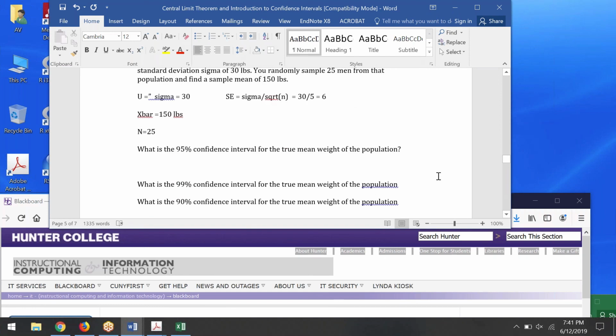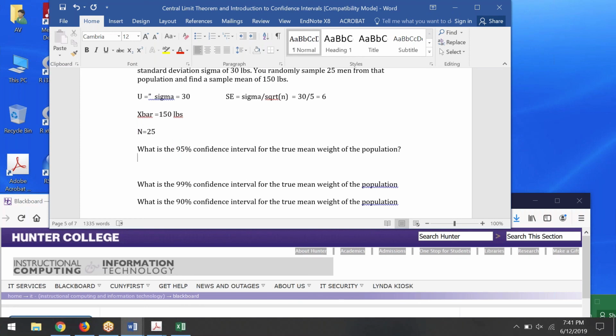And instead of being able to say we're within 2 pounds of the population mean or within 3%, we're going to produce a range of values that we know, based on this variability, the true population mean is likely to be within.